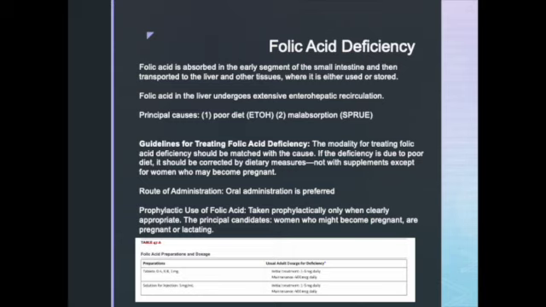Ingestion of a serving of fresh vegetables or a glass of fruit juice a day usually suffices. But again, if it's a folic acid deficiency because of malabsorption, then we will always need to use supplemental folate. It's not going to be enough to just eat more foods with folic acid.